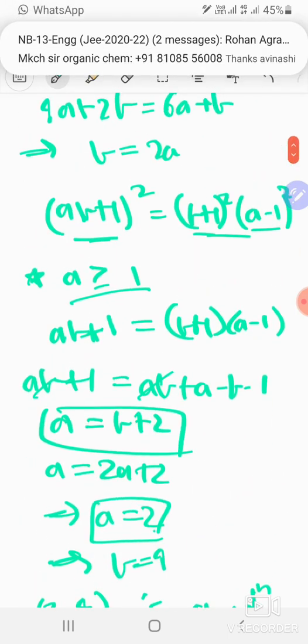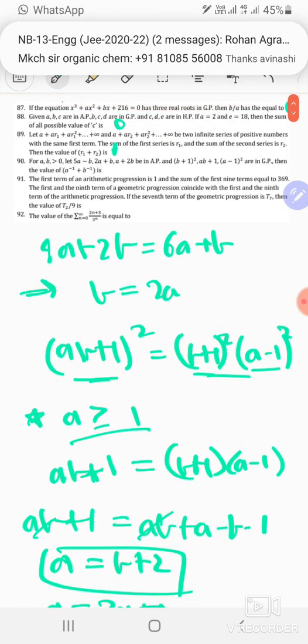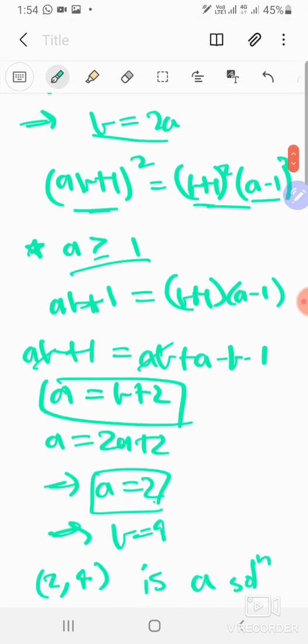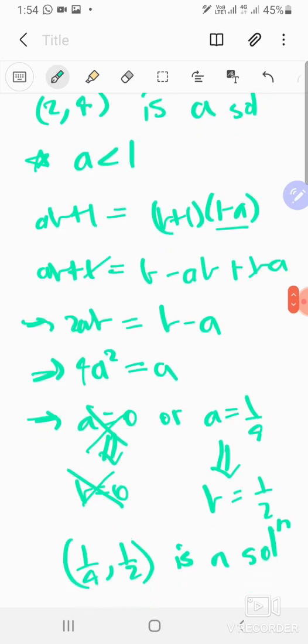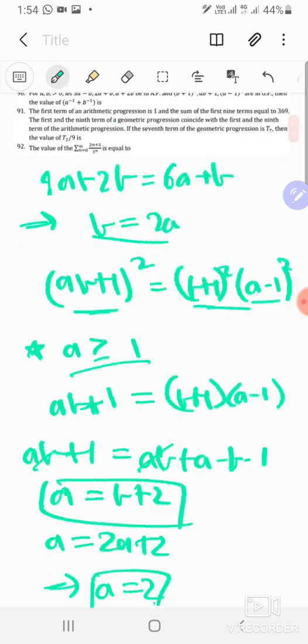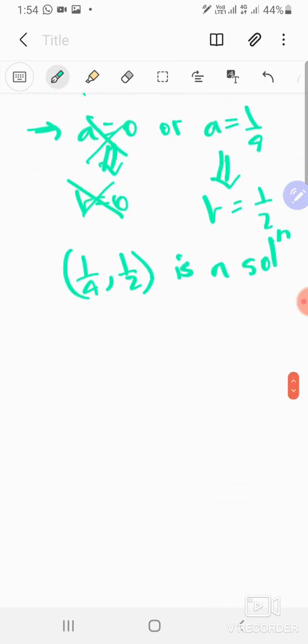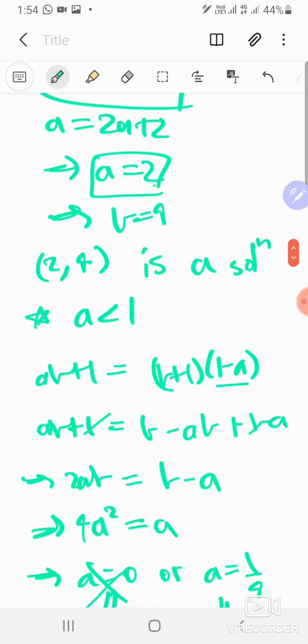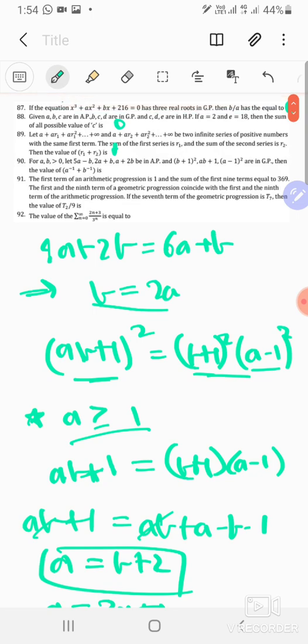When you put 1 by 4 over there, this equation is obviously true, and then putting 1 by 4 and 1 by 2 into the original equation is obviously satisfied because we solved it to get this equation. So yes, that is also an applicable solution. So 1 by 4 and 1 by 2, and 2 and 4, these will be the two solutions.